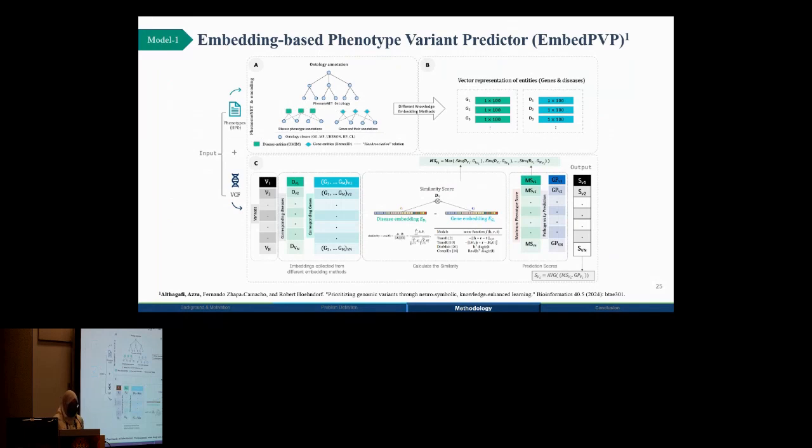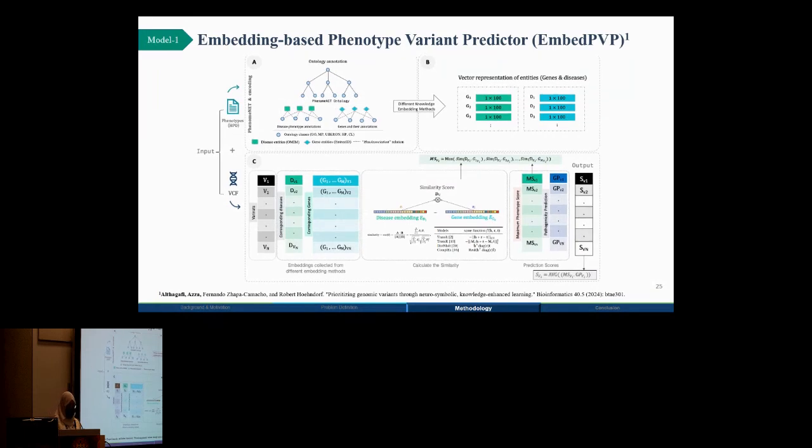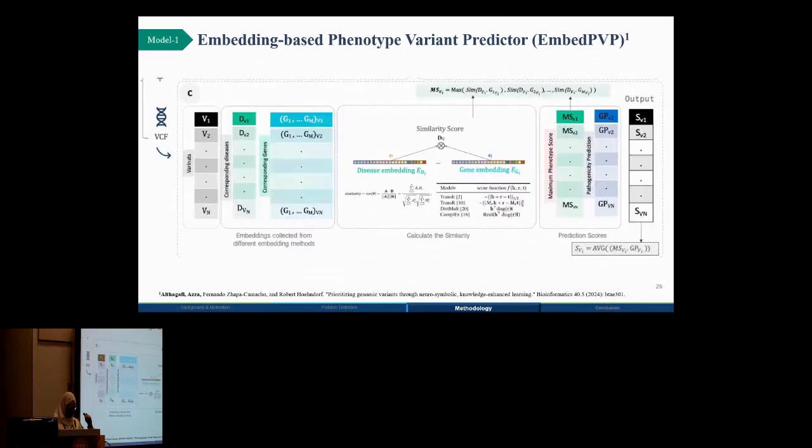So here is the general workflow for the first method. The first part is almost the same as the previous one, to generate the representations for each entity in the graph. So here is the main part, in which for each variant, we link it to the disease and all the genes in this variant, either one or more than one gene. And for all these genes, we got the maximum similarity score between each gene and the disease embedding using the cosine similarity.